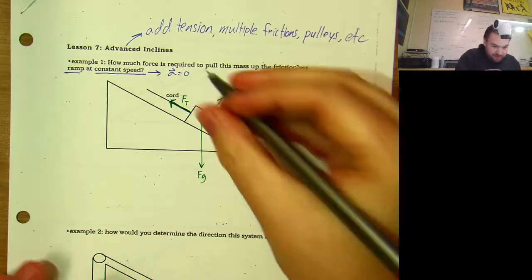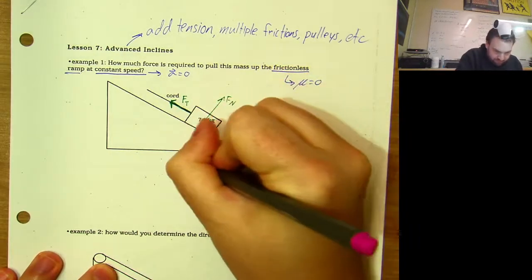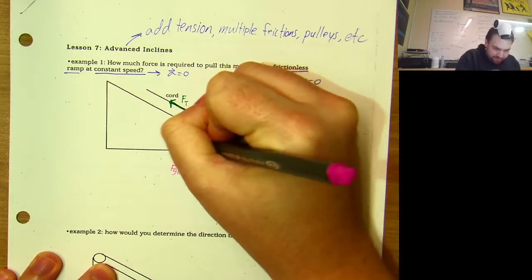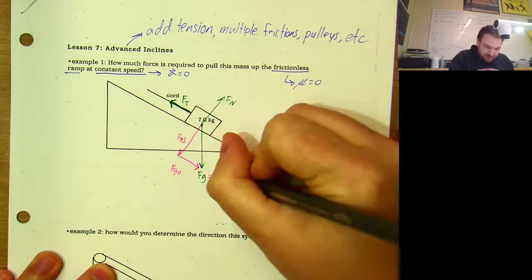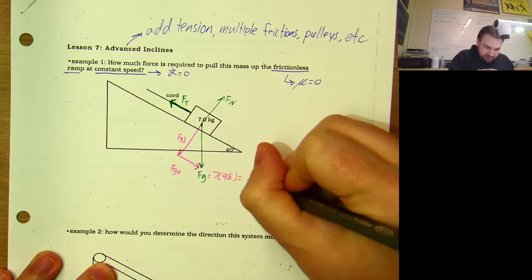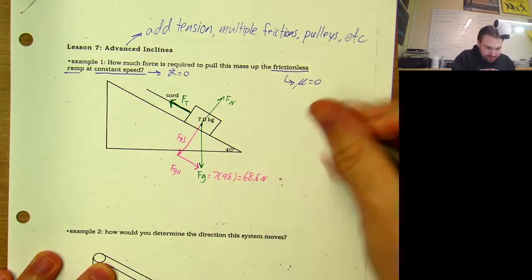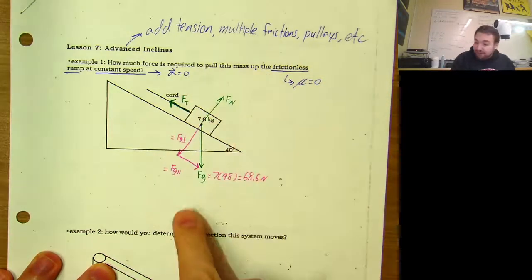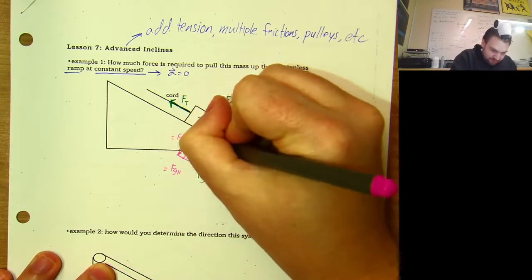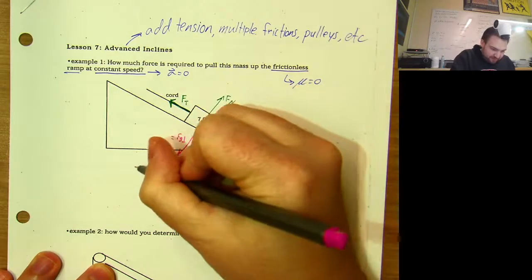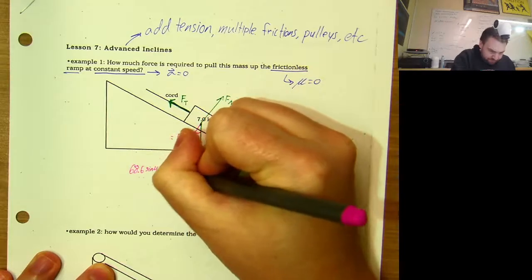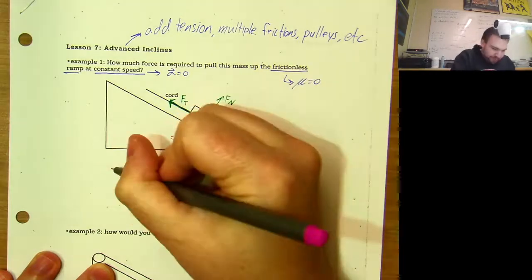Let's keep going here. Components for Fg: there's Fg parallel, Fg perpendicular. Fg is 7 times 9.8, which is going to equal 68.6 newtons. Fg parallel is going to be Fg, that's 90, this is 40 degrees, so this is going to be 68.6 sine 40, which equals 44.1 newtons.